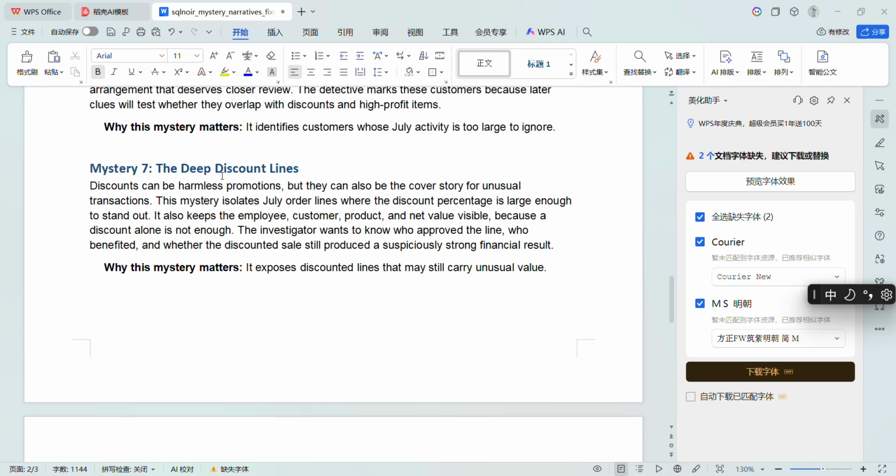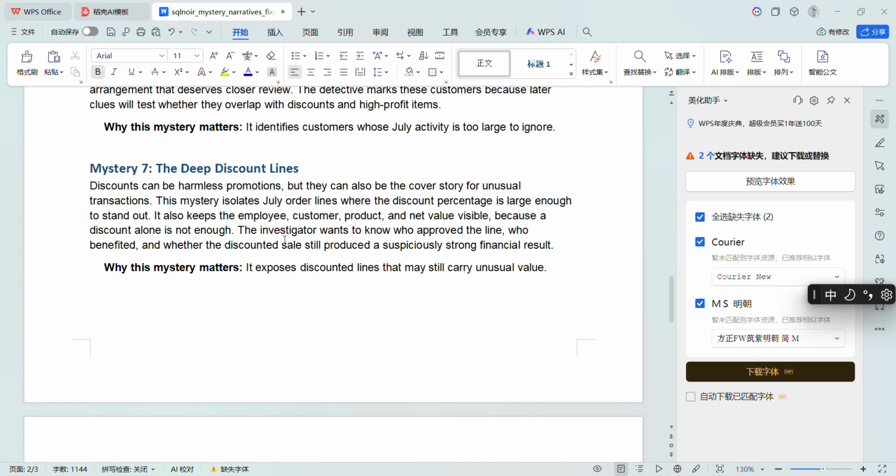Mastery 7: the deeper discount lens. Discounts can be harmless promotions, but they can also be the cover story for unusual transactions. This mastery extracts order lines where the discount percentage is large enough to stand out. It also keeps the implied customer, product and the net value visible, because a discount alone is not enough.